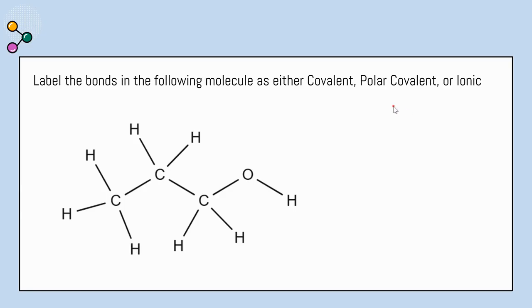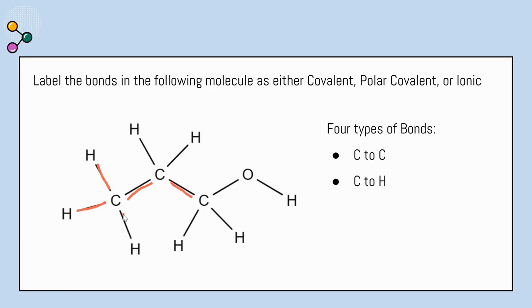Now in this last part, we're going to go through one of the more difficult problems, which is labeling all of the bonds in a molecule as either covalent, polar covalent, or ionic. Notice that in this molecule, we have propanol on screen. We have 4 different types of bonds. Some are carbon-to-carbon bonds, as shown here and here. Some are carbon-to-hydrogen bonds.